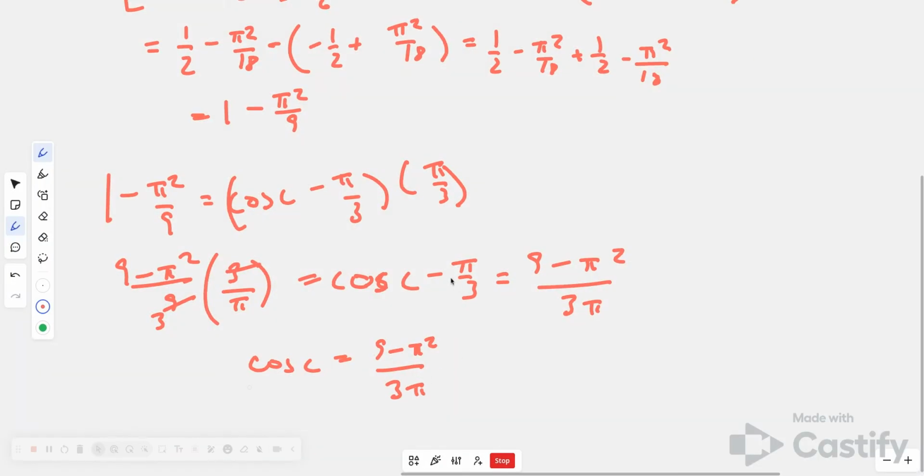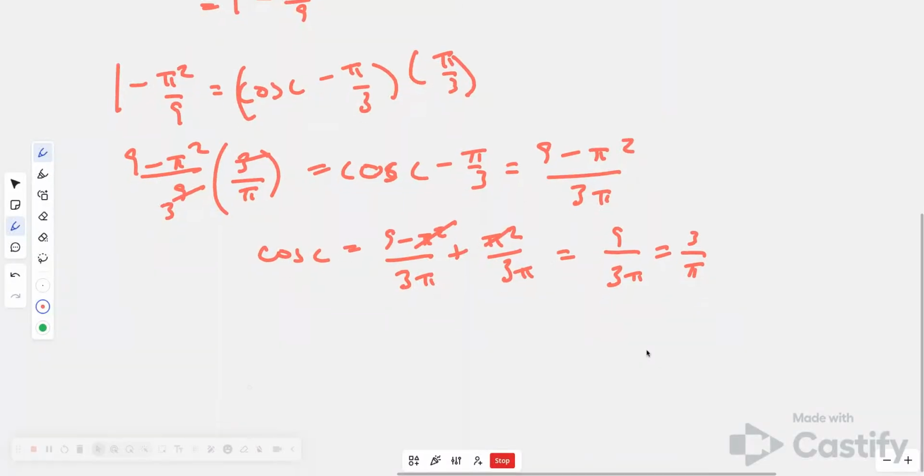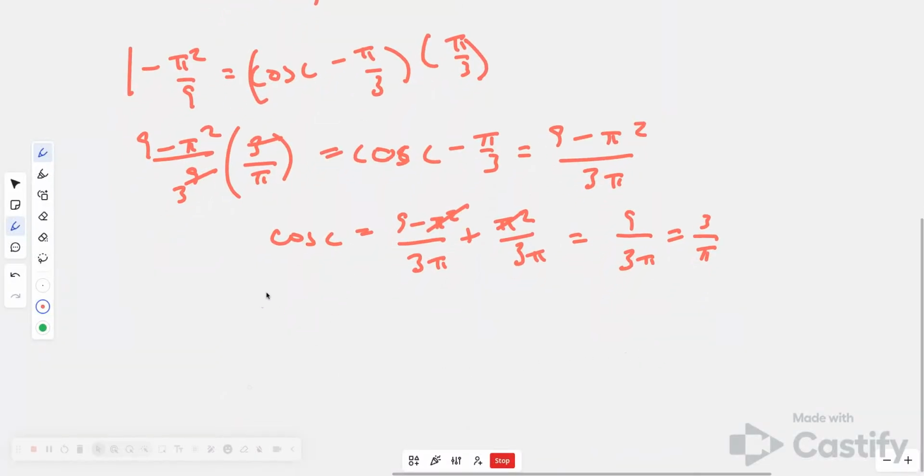And then we add pi over 3. So we can do the common denominator in the same step. So that'd be plus pi squared over 3 pi. And then notice how these two cancel out. So we're left with 9 plus 9 over 3 pi, which is equal to 3 over pi. So then we can take the cosine inverse.